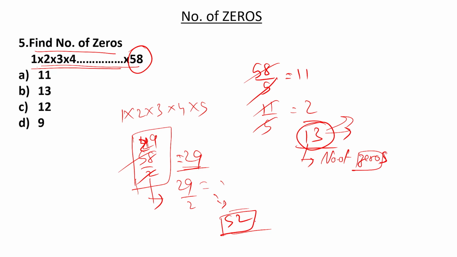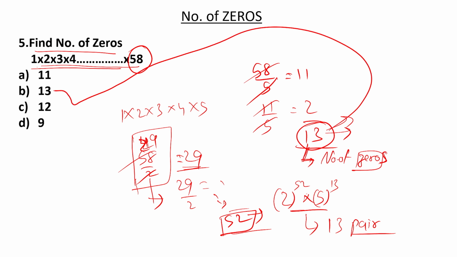If we got about 52 2s and 13 5s, that means 2 power 52 and 5 power 13. How many pairs do we form? Only 13 pairs will form. So all we need to do is get the number of 5s from the solution. That's the only answer. Since we got 13, 13 is our answer, which is nothing but B.